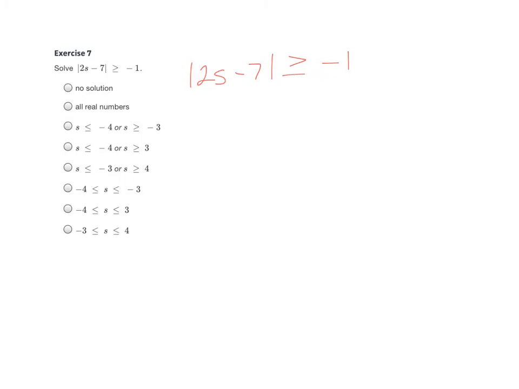So this is an example of all real numbers. Because this we know is going to be positive, and it's always going to be greater than or equal to negative 1. So that's how you do number 7.